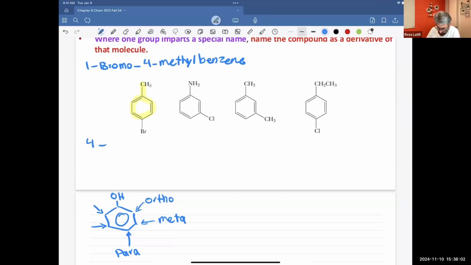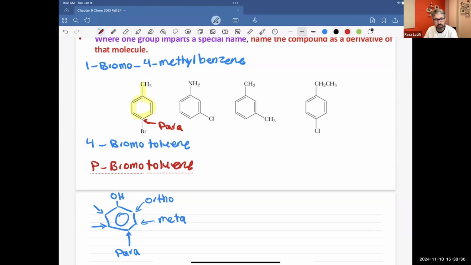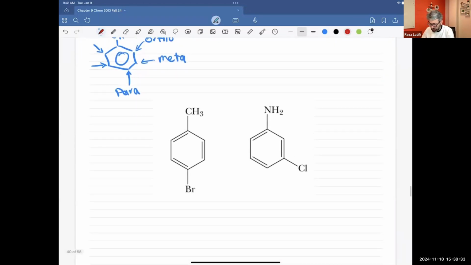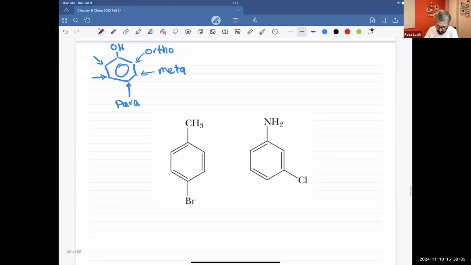So we get 4 bromo toluene. Okay. Or instead of saying 4, okay, this position is a para position. So simply say para, and you don't need to write the entire word. Just say para with lowercase p, and say p-bromotoluene. Okay. Now, how do I name a compound like this one?